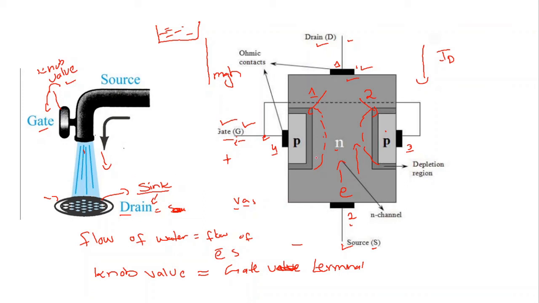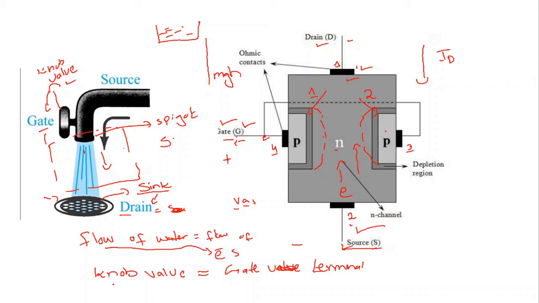Another analogy can be made with the spigot and source. If we consider this portion only, the source of water is this spigot, and the source of electrons is the source here. So we can say that the flow of water is equivalent to the flow of electrons.